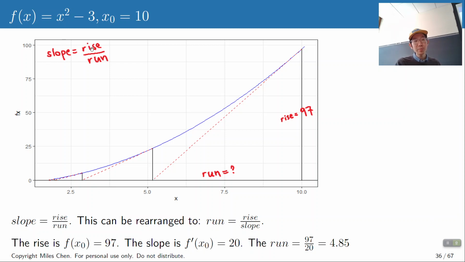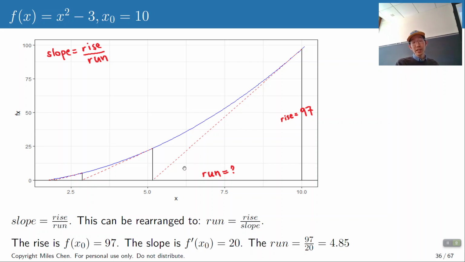We say slope is equal to rise over run, and we want to know the length of this run. With a little bit of algebra, the run is going to be the rise divided by the slope. And what's the slope? The slope is f prime at x0. Here f prime is 2x, so I plug in 10, and my slope is going to be 20. The slope of this line is 20, so my run is going to be 97 divided by 20.